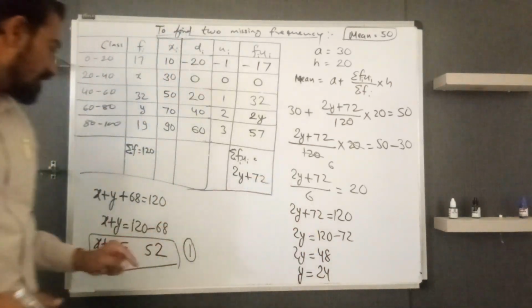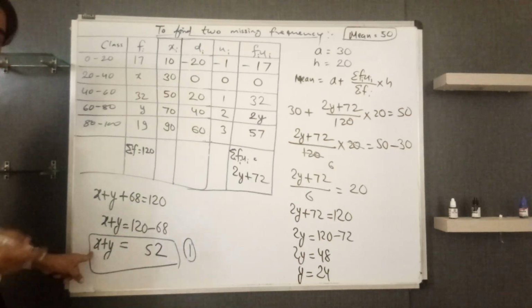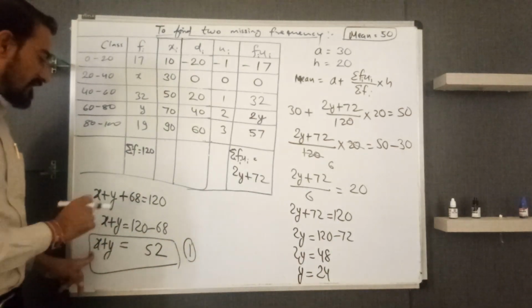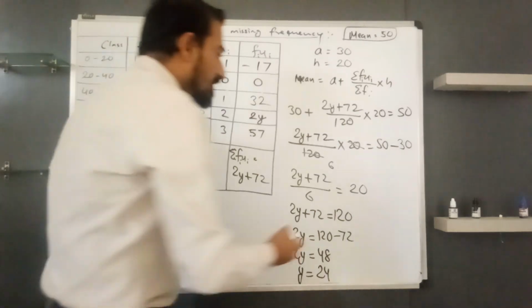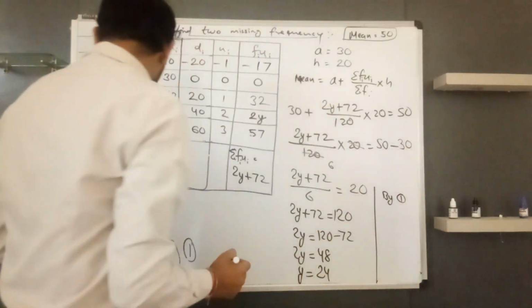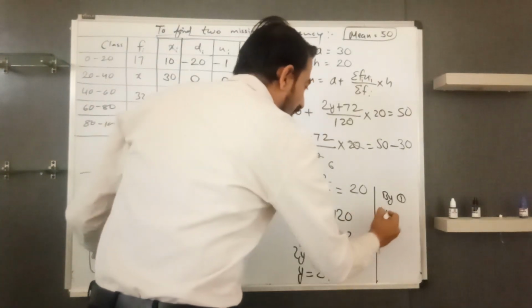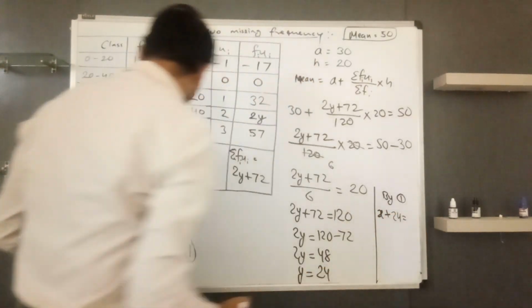We need x also. So place this value of y in equation 1, and we will have the value of x. This is the way to find x. So by equation 1, x plus y, so x plus 24 is equal to 52.